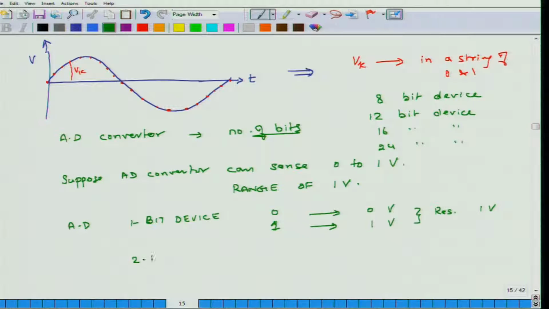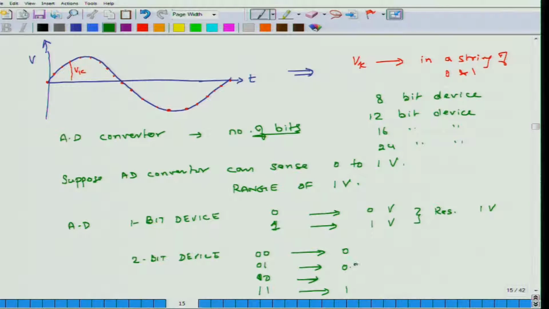If it is a 2-bit device, then what are the parameters it will send? 0 0, 0 1, 1 0 and 1 1, right. So, then this will correspond to 0 volt, this will correspond to 1 volt and these will correspond to something intermediate, right.